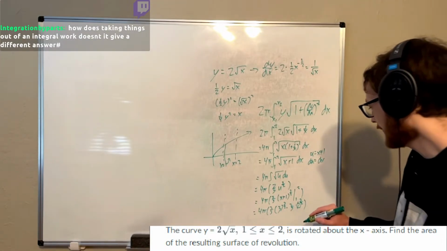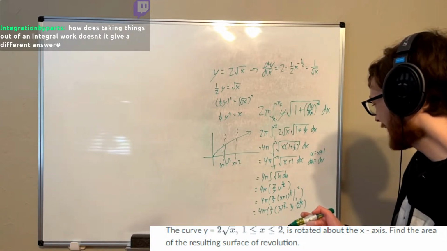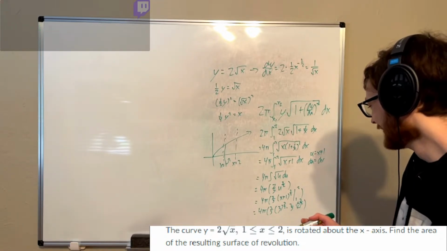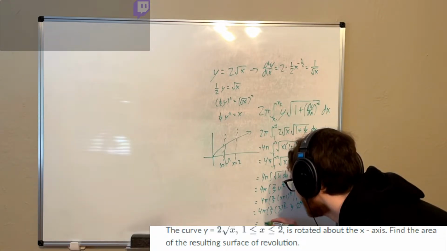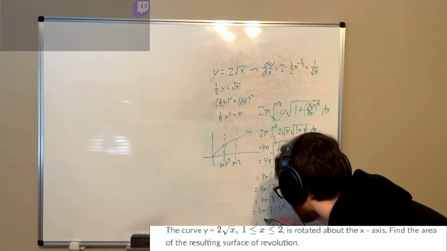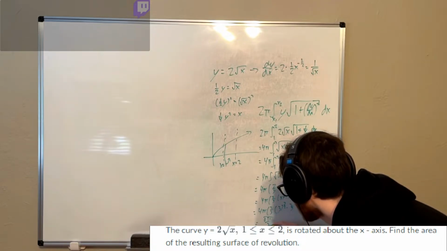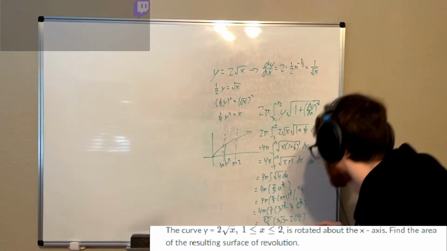Ew. I kind of hate it. I mean, we can factor the 2/3 out. 8 pi over 3, and 3 to the 3 over 2 is 3 root 3, minus 2 root 2.